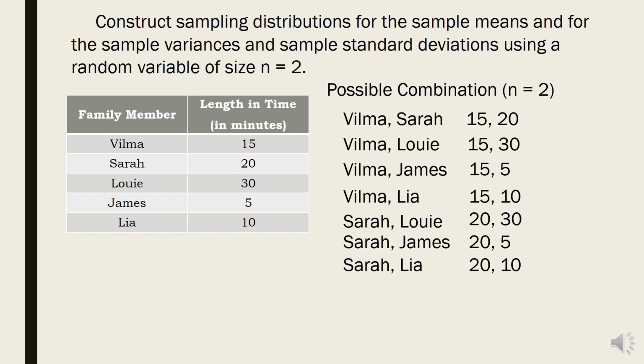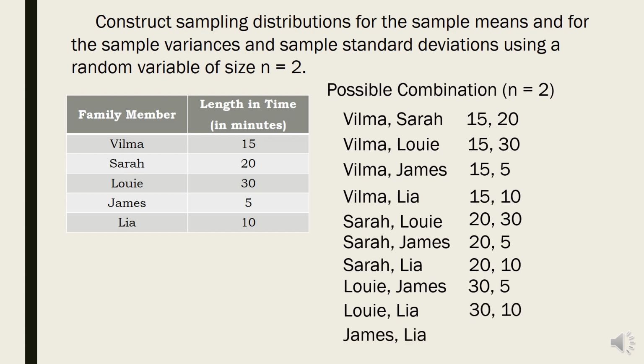So we proceed to Louis, James: 30 and 5. We have Louis and Leah, 30, 10. And we have James, Leah, 5, 10. So these are the possible combinations. There are 10 possible combinations that we can create.